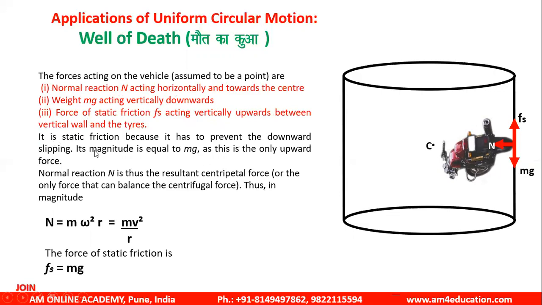The magnitude of static friction Fs is equal to mg, and the centripetal force is equal to m omega square r or mv square upon r. N equals m omega square r, or mv square upon r, and Fs is balanced by mg.